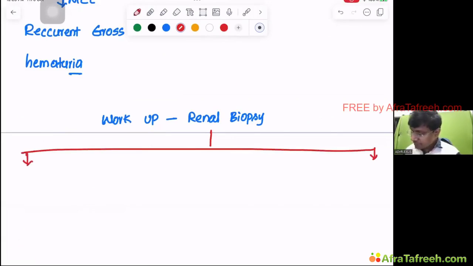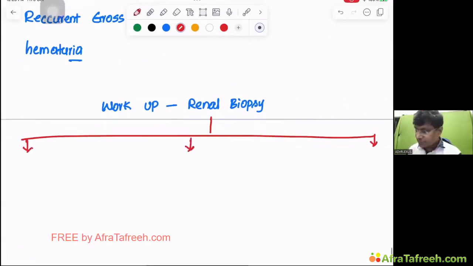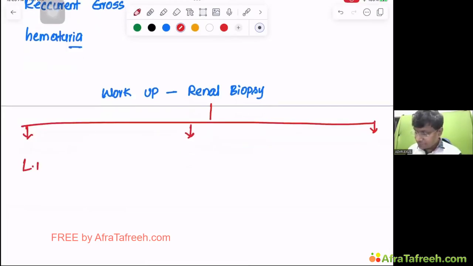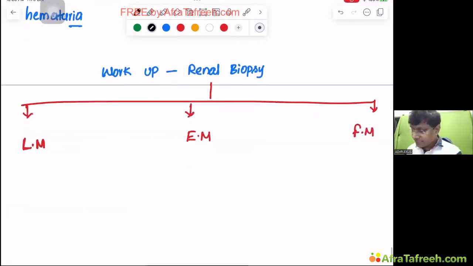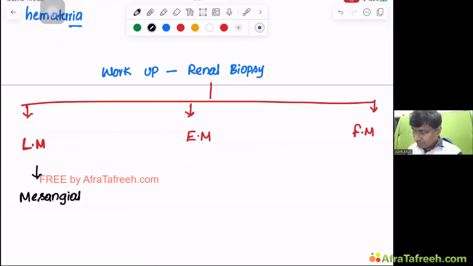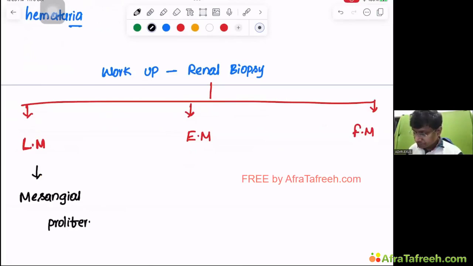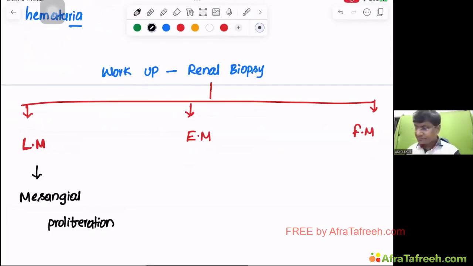And if you take the renal biopsy, what will you observe in the light microscopy, electron microscopy, and then fluorescent microscopy? In light microscopy, you will notice the presence of mesangial proliferation.